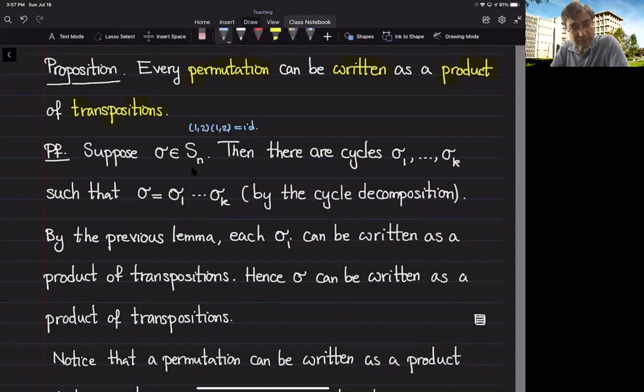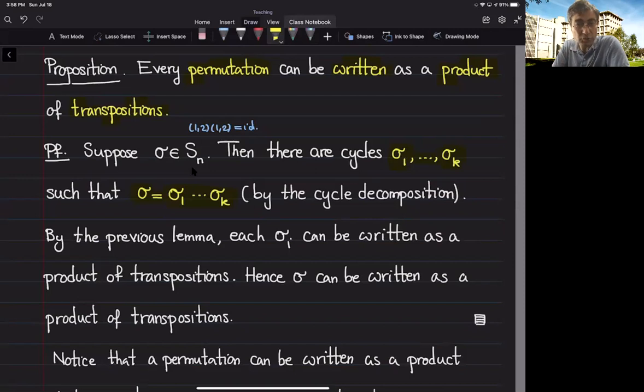If sigma is not identity, then we prove that we can write this as a product of disjoint cycles. So we show that there are disjoint cycles. Here we don't use the fact that they are disjoint, we just use the existence of such cycles and write down sigma as a product of these cycles. Now, every single cycle can be written as a product of transpositions.